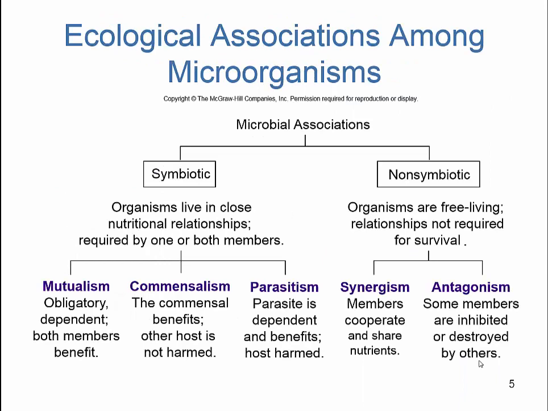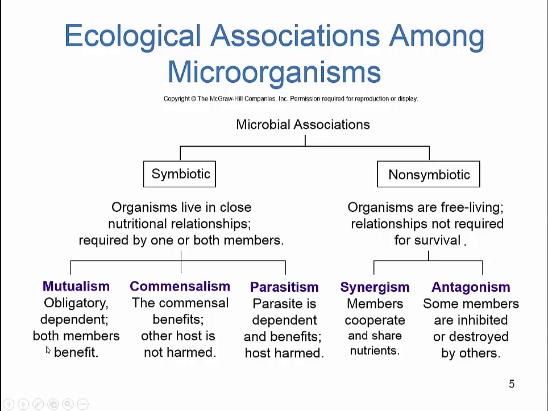So ecological associations, when we look at this chart, I want you to break it down thinking about symbiotic, meaning these are organisms that live in the same environment or within close associations to one another. For example, mutualism is when you have a microbe that is completely dependent on the host.